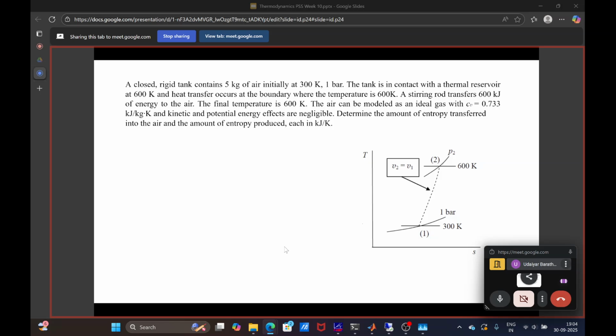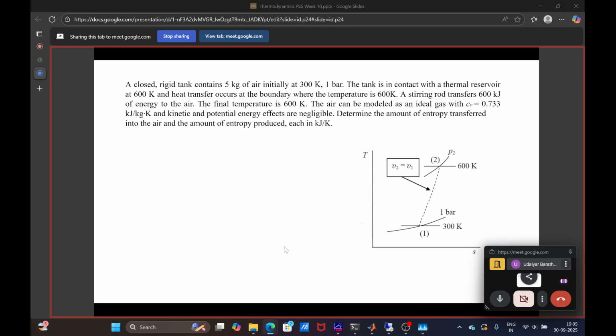So we have two kinds of transfer, both heat and work transfer, happening here. You have a closed container and the mass of air is given, and the initial condition of 1 bar and 300 Kelvin is given. The air is getting heated from a temperature source of 600 Kelvin, and the air is reaching the final state of 600 Kelvin.